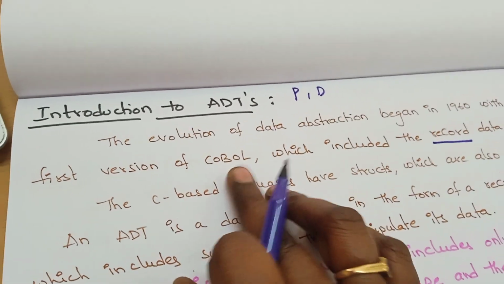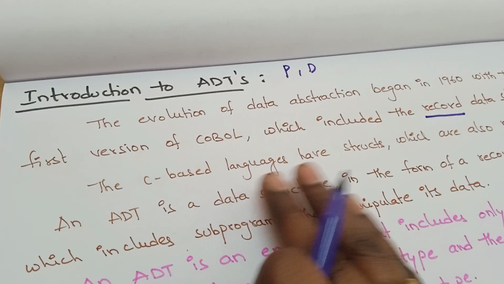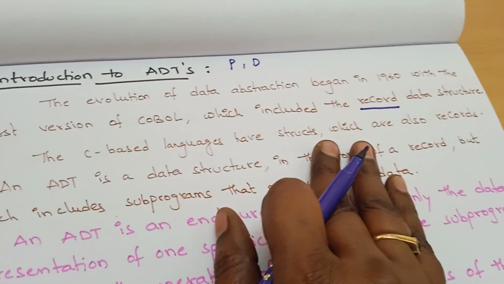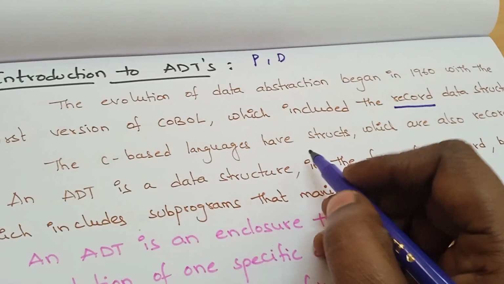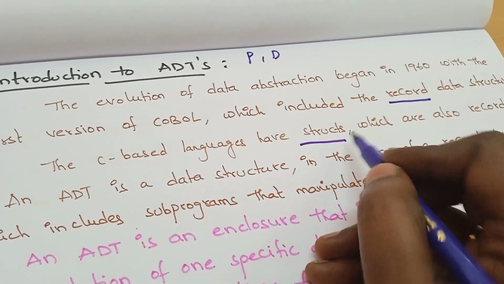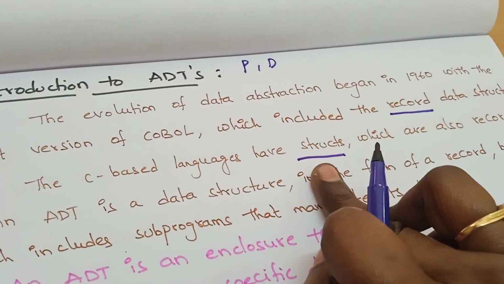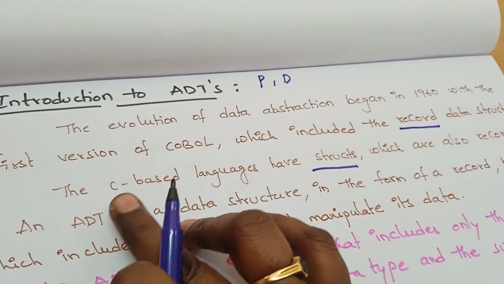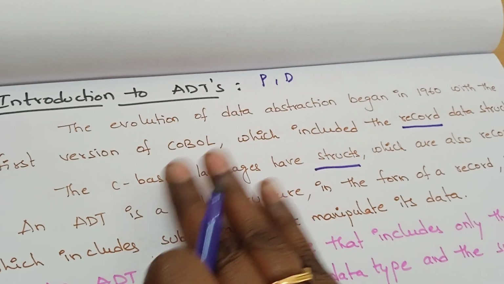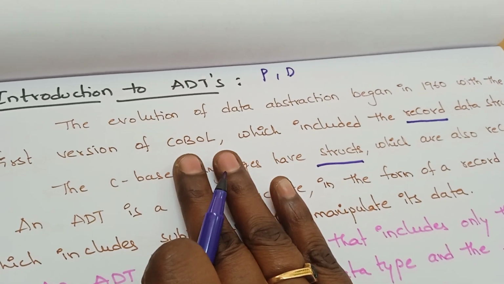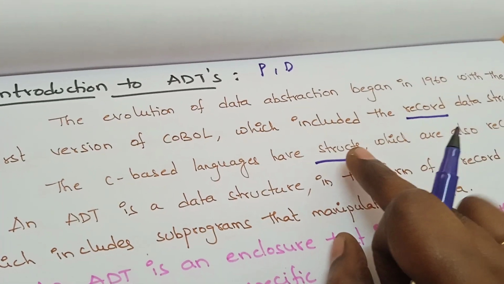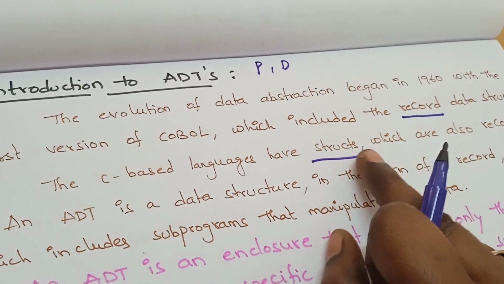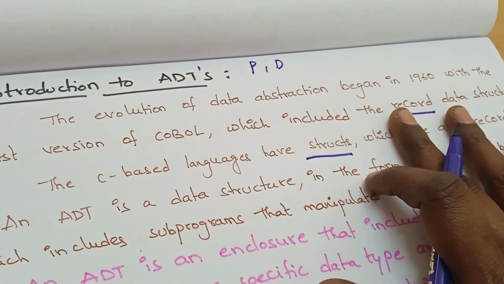Now, the C based languages have structures which are also records. For each language we have a separate video that you can watch for better clarity. Now, how abstraction is provided for a structure is, we take one blueprint of the structure.